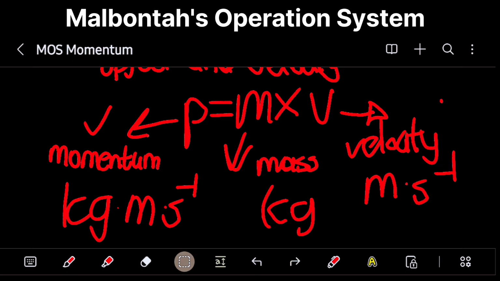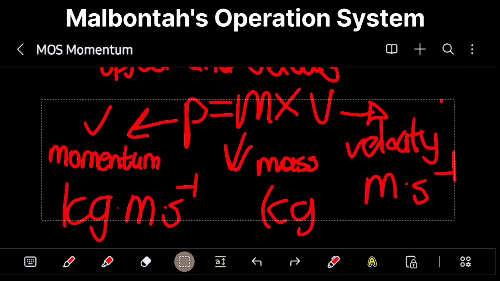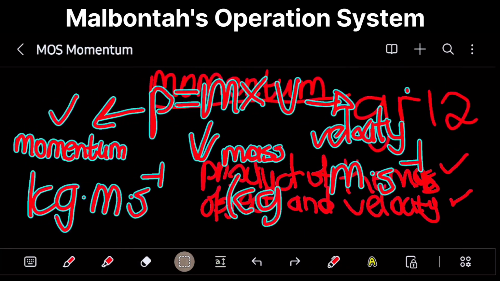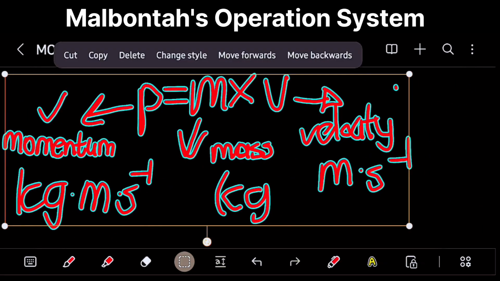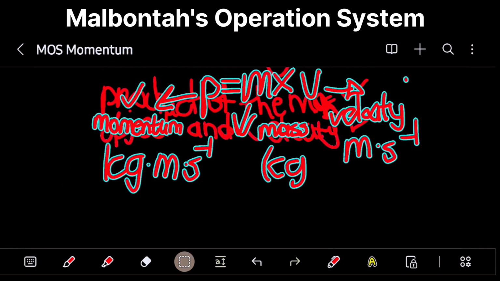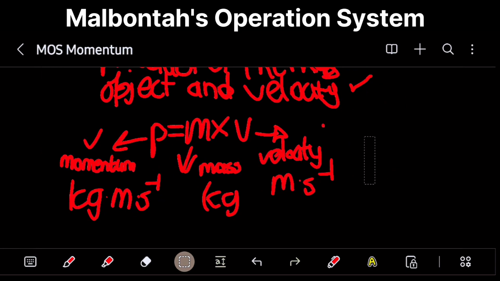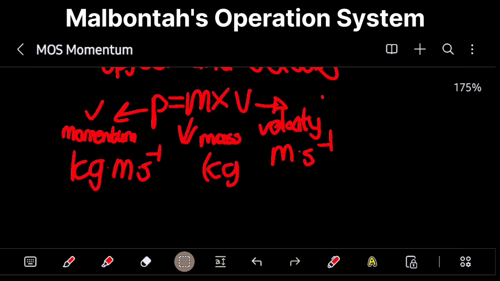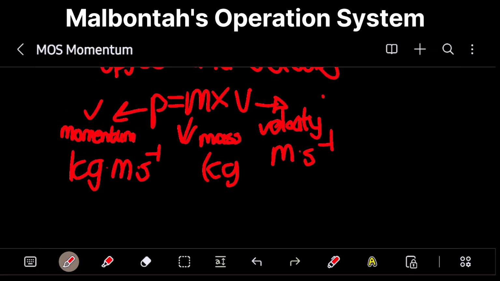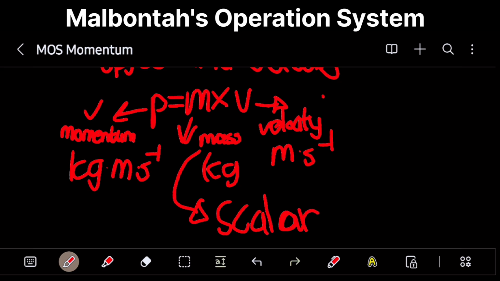Now good people, let's have a close look at this. Mass is considered to be a scalar quantity, and velocity is considered to be what?